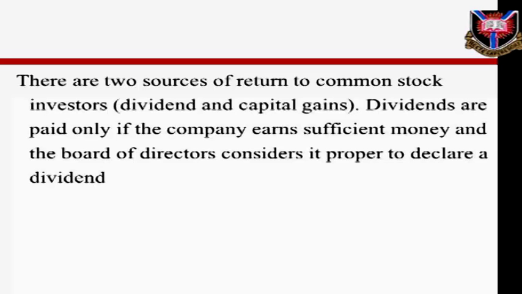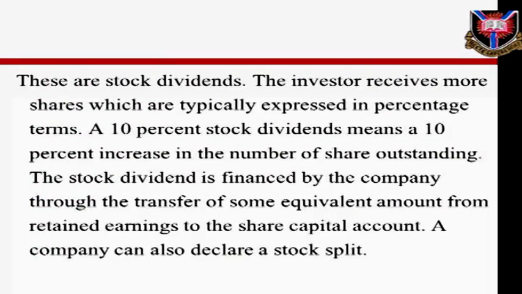Instead of cash dividends, investors may be paid dividends in the form of stock. These are stock dividends. The investor receives more shares, which are typically expressed in percentage terms. A 10% stock dividend means a 10% increase in the number of shares outstanding.